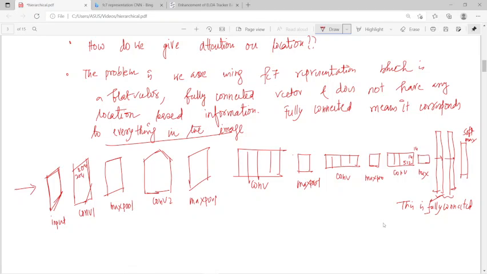If we look at convolutional layer 2, and say this is convolutional layer 2 and this is convolutional layer 1, everything in convolutional layer 2 looks back to some portion of the image in convolutional 1, because you are reducing from convolutional 1 to convolutional 2. That means it is mapped to some portion of the image.